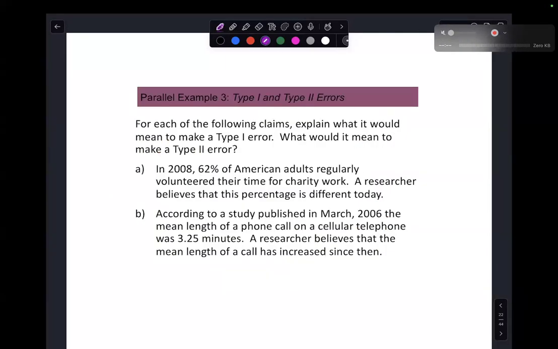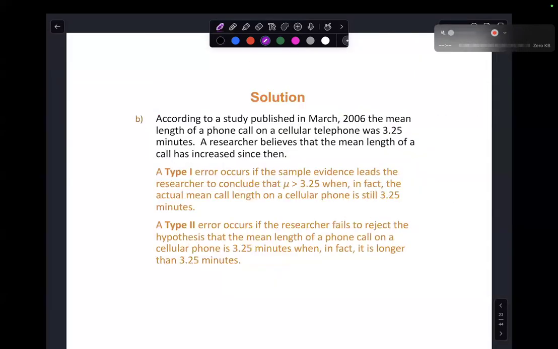According to a study published in March 2006, the mean length of a phone call was 3.25 minutes. A researcher believes that the length of the call has increased since then. So let's take a look. A type 1 error: if the evidence leads the researcher to conclude that the average is greater than 3.25, but the actual length of the call is 3.25 minutes, that would be a type 1 error.